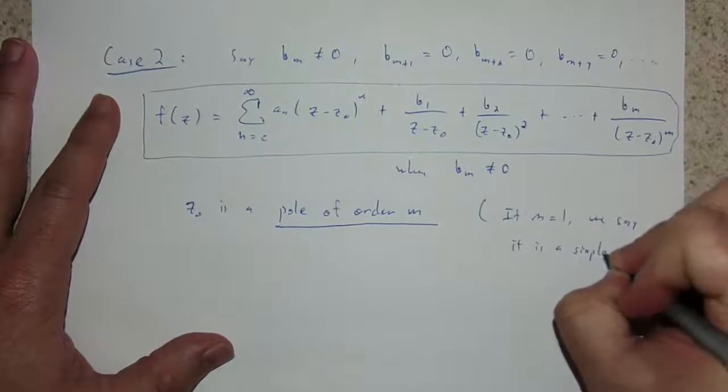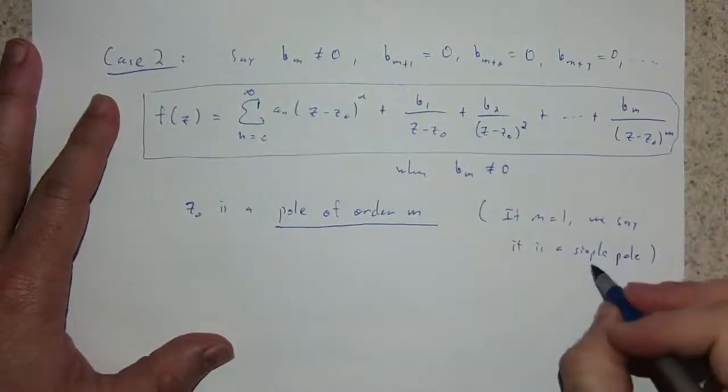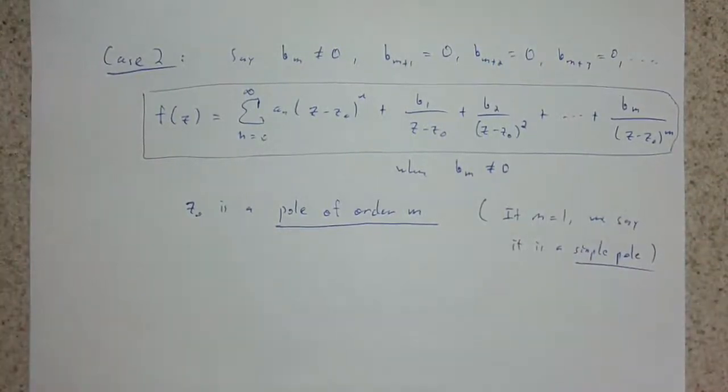Now, the second I say that, you might immediately tie this together with the notion of a root, like a simple root, which is a root with multiplicity 1, right? And that's not a bad idea because it's going to turn out that poles and zeros of functions, or poles and roots, are closely related. Okay, these are actually closely related concepts. So this is a pole of order m. So this is in general what happens.